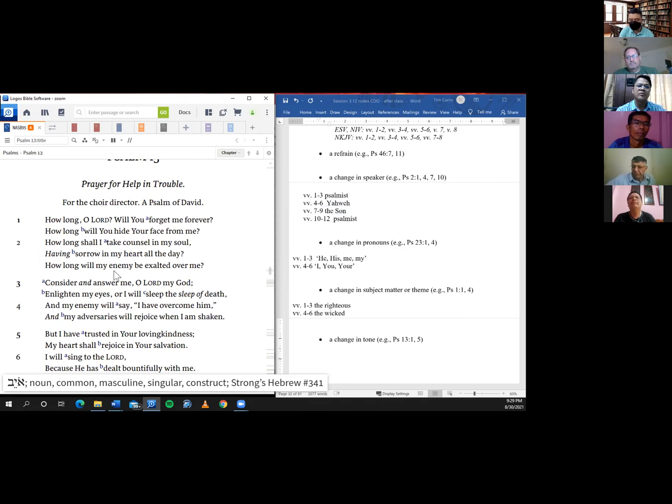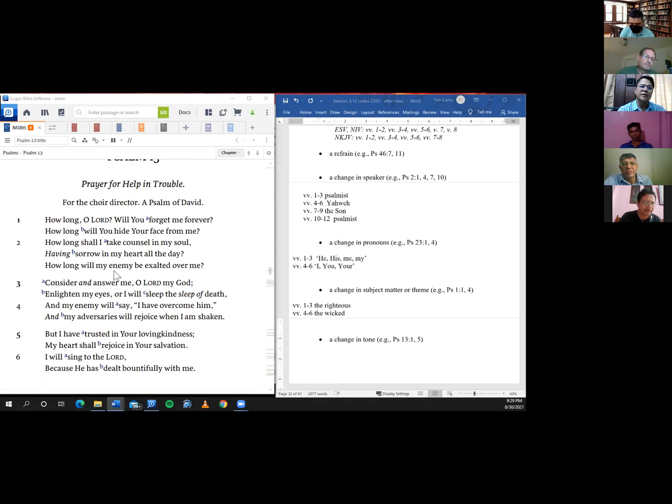Psalm 13, for the choir director, a psalm of David. How long, O Lord, will you forget me forever? How long will you hide your face from me? How long shall I take counsel in my soul, of the sorrow in my heart all the day? How long will my enemy be exalted over me?